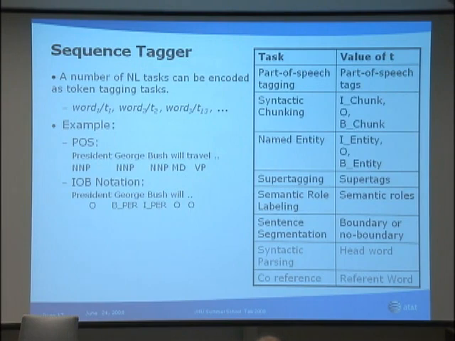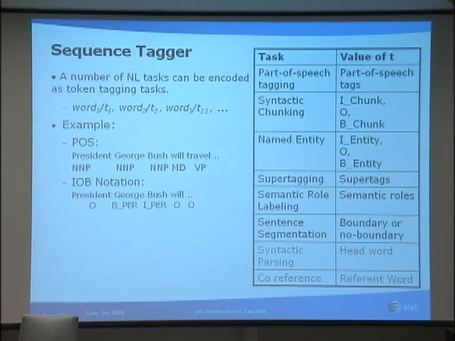Named entity is less clear unless you see this encoding. Named entity and syntactic chunking both have this bracketing nature. What you are trying to do is take the sentence and chop it up into segments. That's the chunking problem. So you're drawing a left bracket here and a right bracket somewhere else downstream.